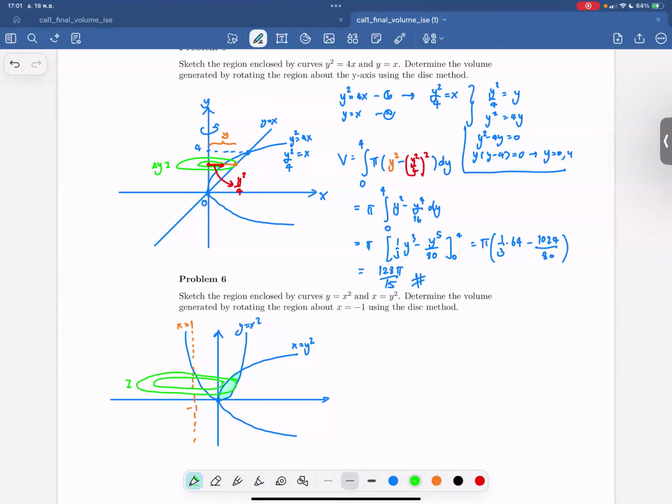So the variable of the integral is the variable y. So we need to find the boundary of the integral by finding the intersection point in terms of y. So we first find the intersection point by solving the system of these two equations. As we focus on the variable y, I may substitute equation 2 into equation 1. So we get y equal to y squared, squared.